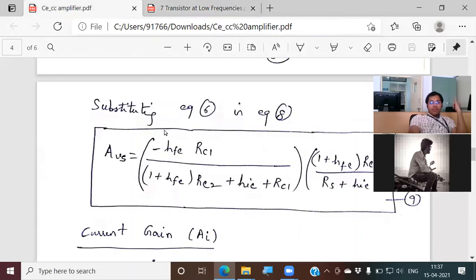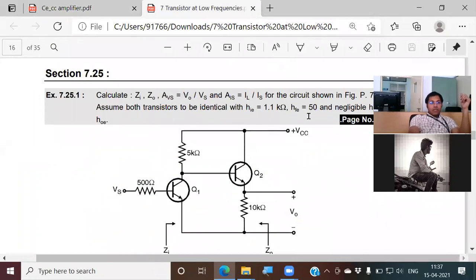Let us see how many we have: HFE, RC1, RE2, HIE, RS. So 1, 2, 3, 4, 5. All these 5, I hope everybody has noted down. Again, I am repeating: HIE 1.1 kilo ohm, HFE 50, RS 500 ohm.